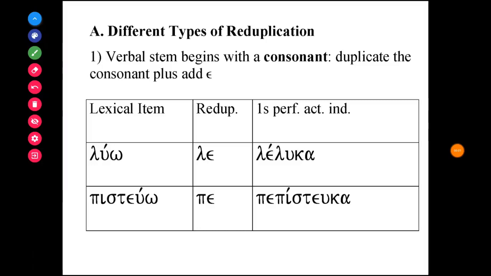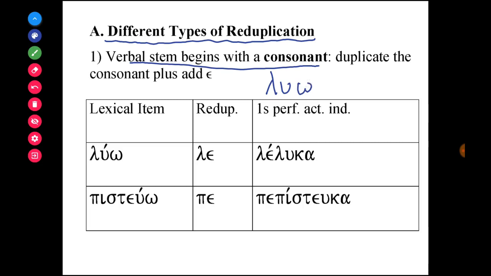Now that we've gone over the perfect active and middle passive forms, let's go over the different types of reduplication. Like the aorist stem that has different types of augments, there are different types of reduplicating the stem of the verb. The most common type is when the verbal stem begins with a consonant, like with luo.